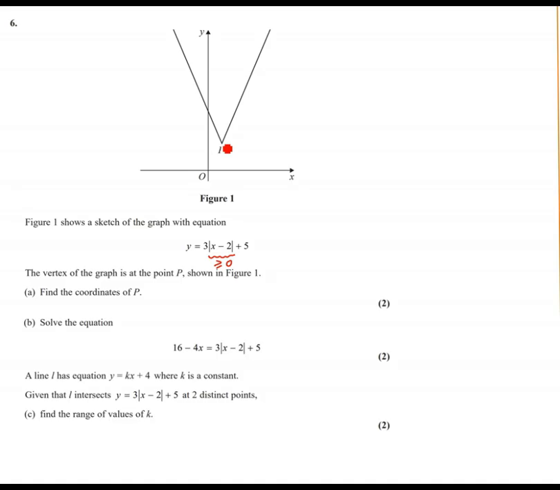So this is the minimum point P. So therefore when x minus 2 is 0, that will give you x equals 2 and y equals 5. So if this becomes 0, then y becomes 5. So the coordinates of this turning point P will be 2, 5. Okay. Now question B, solve the equation 16 minus 4x equals 3 modulus x minus 2 plus 5.